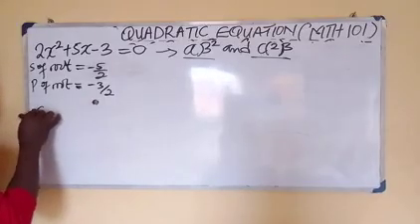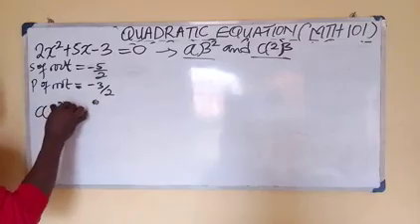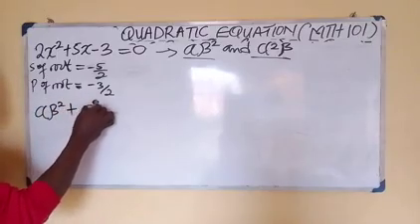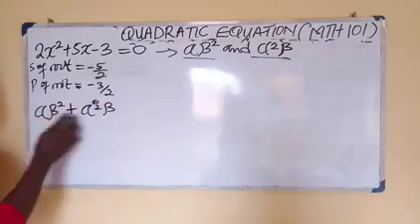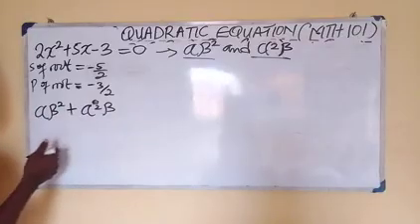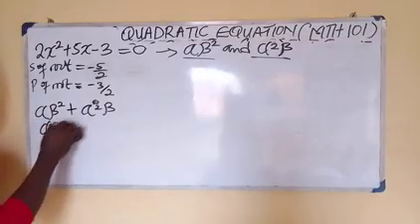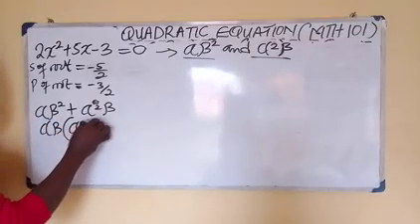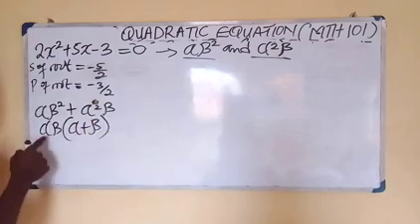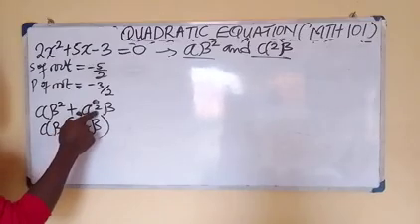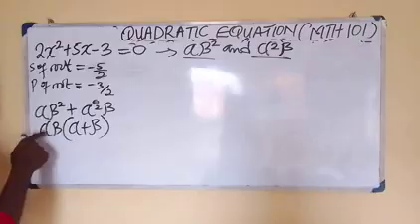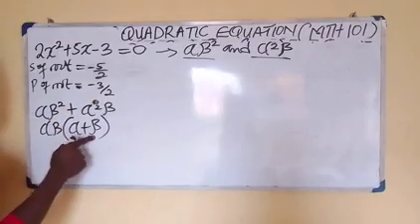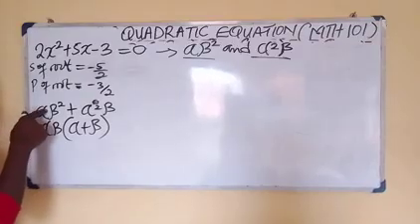This is how you are going to go about it. I'm having alpha beta squared plus alpha squared beta. If you look at this expression, what is common? Alpha and beta. So I write alpha beta, then in brackets alpha plus beta. Alpha times alpha is alpha squared, then beta times beta is beta squared, and that is what you have.